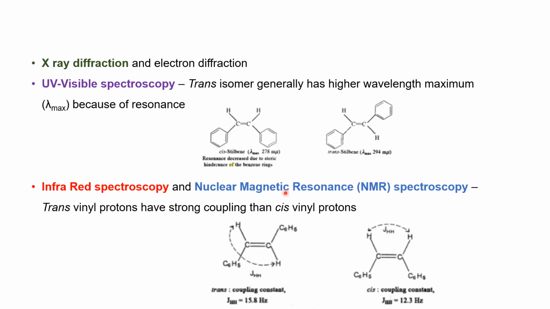In case of NMR, we have something called as coupling constant. So in case of trans isomers, coupling between the protons, it is again higher, 15.8 Hertz, whereas in case of cis, about 2 protons, coupling constant is 12.3.